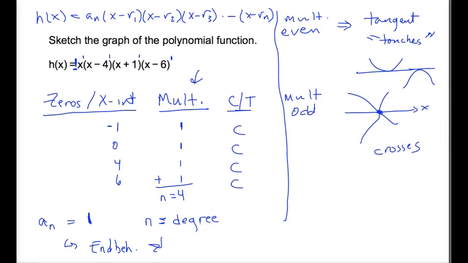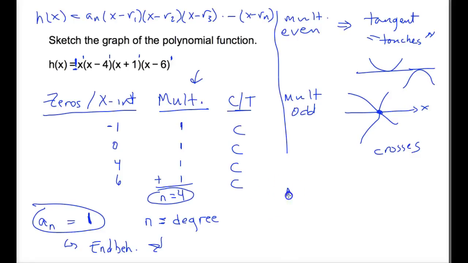And so now the last thing that we need to do is decipher what our end behavior is going to be from our leading coefficient and degree. In this case, we know that our leading coefficient is 1, and we know that our degree is 4. So simply put, whenever we deal with polynomials and their end behavior, they only have 4 choices.